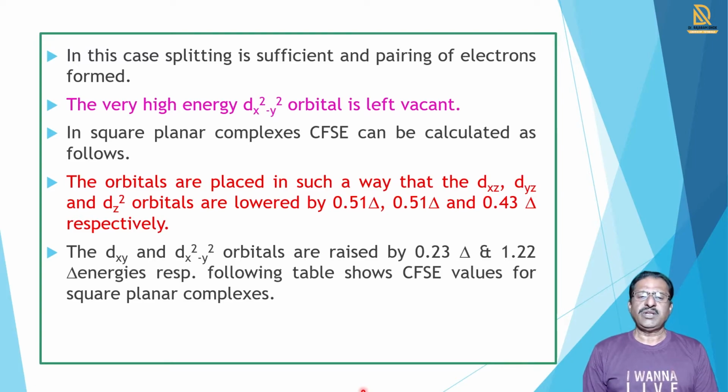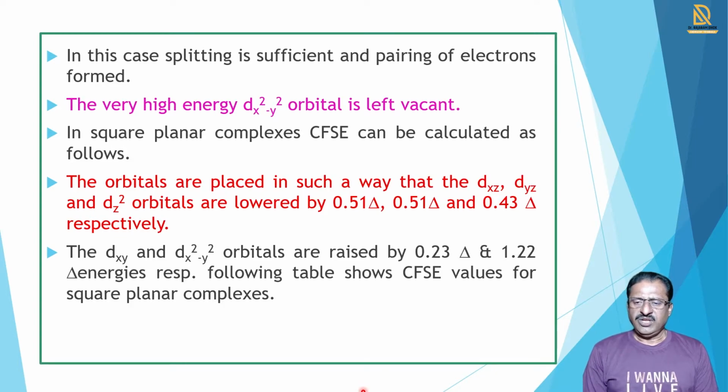So in the square planar complexes, we can calculate the CFSE also. When we calculate the CFSE, the orbitals are placed in such a way that the dxz, dyz and dz square orbitals are lowered by 0.51 delta, 0.51 delta and 0.43 delta respectively.